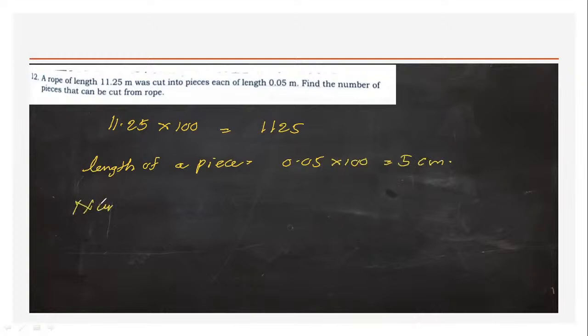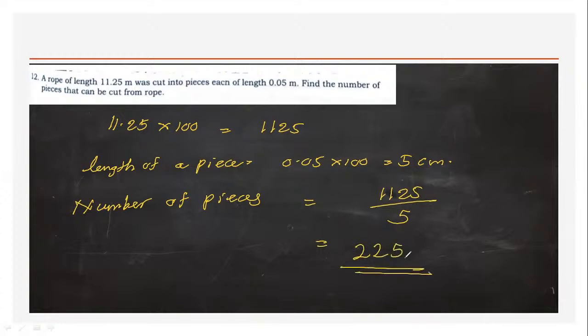Number of pieces equals 1125 divided by 5. Then 11, how many 5s are there? 2. 12, how many 5s are there? 2. 25, there are 5. 225 pieces we can cut from that rope.